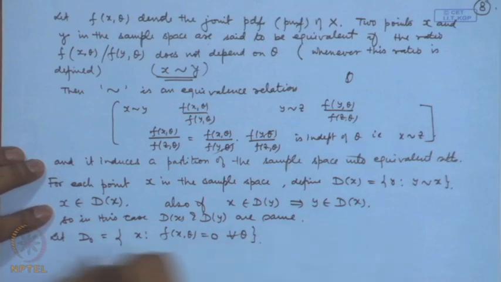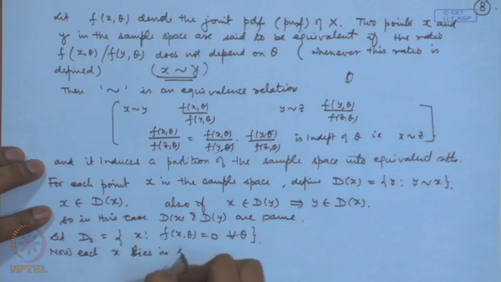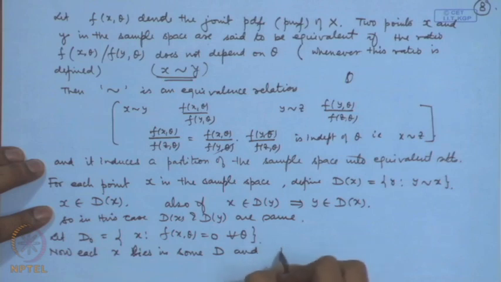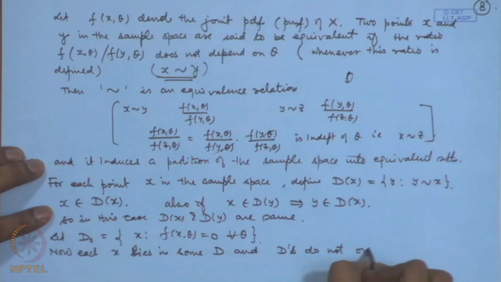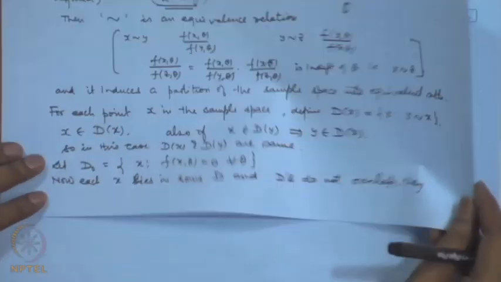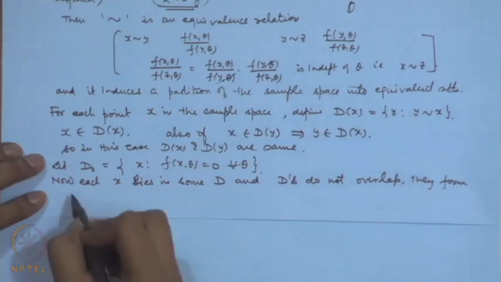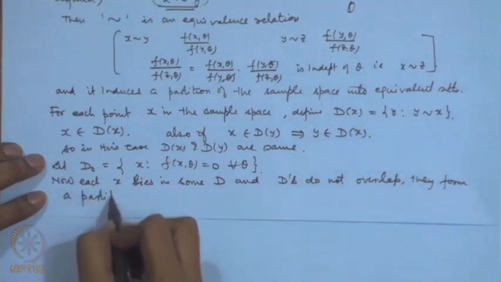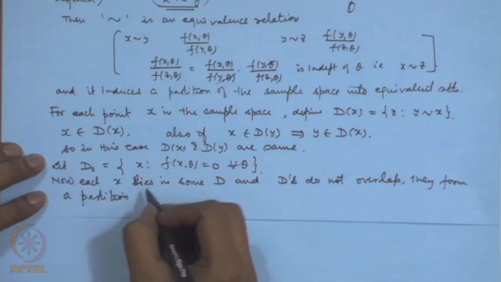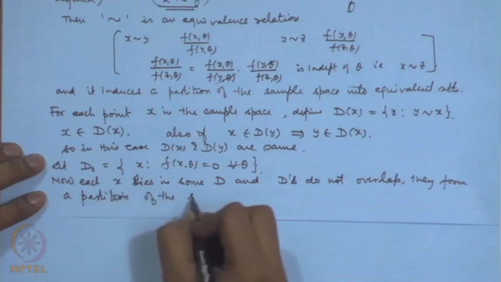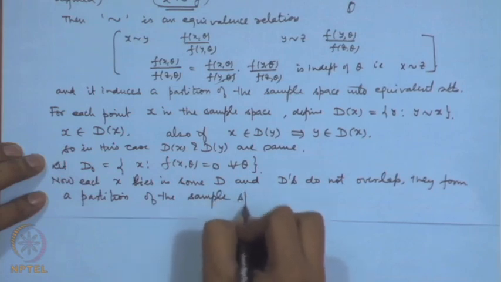So, now each x lies in some D and the D's do not overlap, they form a partition of the sample space.